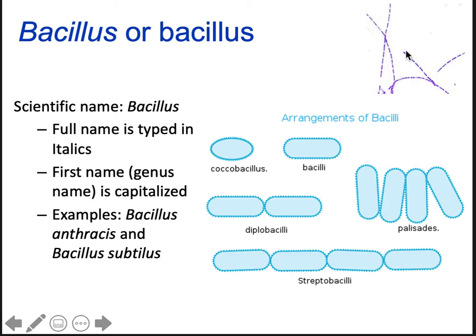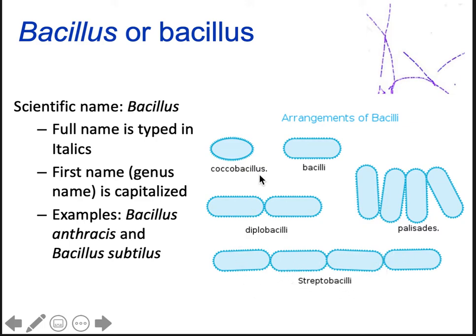You see these long chains. And so we would call that streptobacilli because it's in a chain. So the prefix strepto refers to the arrangement, and that means in a chain. And bacillus, or bacilli for plural, refers to the shape, the rod shape.